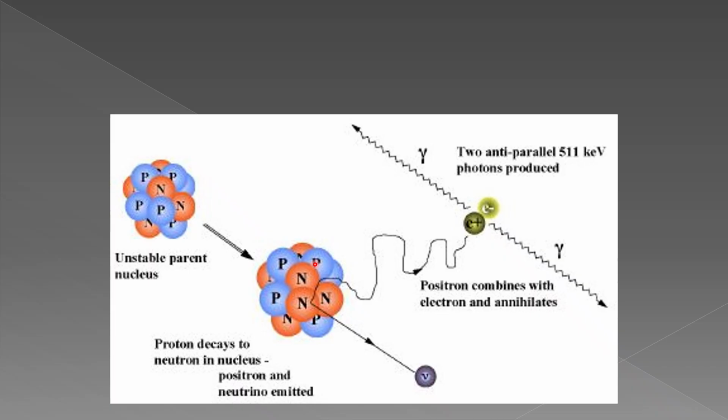So some isotopes that we use in PET will travel pretty far before they have an annihilation reaction, and other ones don't travel very far before they collide with an electron. And so those ones that don't travel very far have better spatial resolution and better image quality in PET.